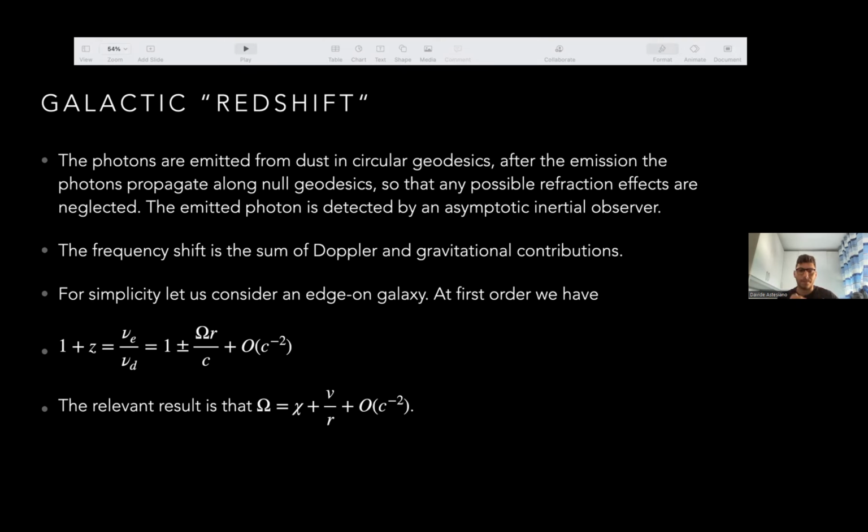For simplicity, let us consider just an edge-on galaxy. At fifth order, we have this. It's pretty simple, right? It's just the angular velocity times r. The relevant result here is that the angular velocity is not v over r. So v, the velocity with respect to the ZAMO, is not the redshift.